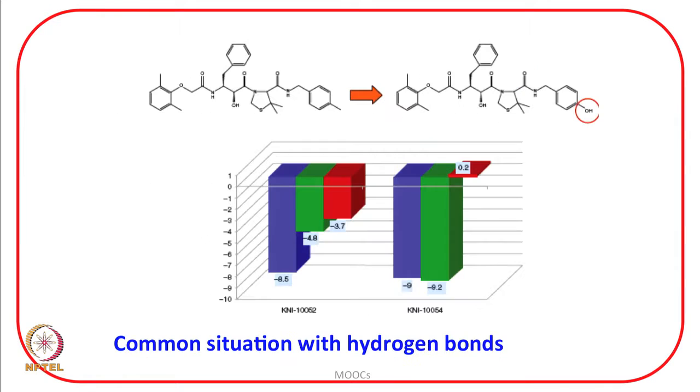Now, let us take a look at the effect of addition of a polar group, a common situation with hydrogen bonds. The difference between these two is only that the methyl group has been replaced by a hydroxyl group here. A hydroxyl group, which is a polar group, can establish hydrogen bonds when introduced into the binding cavity.